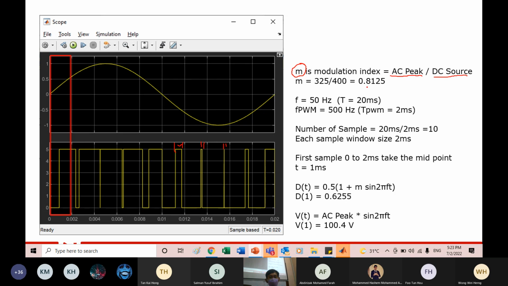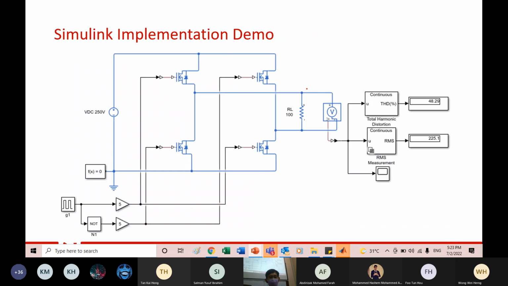Now, let's say we want to modulate a sine wave of 230 RMS, so our peak is 325. Then our DC source is the source of the inverter here. Remember, the DC source must be greater than or equal to your AC peak, or else you will never be able to modulate it properly. Rule number one.